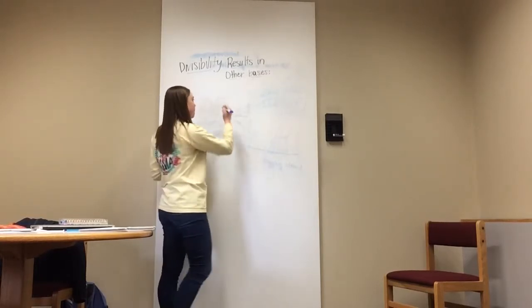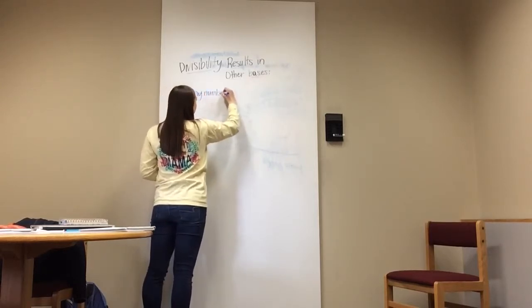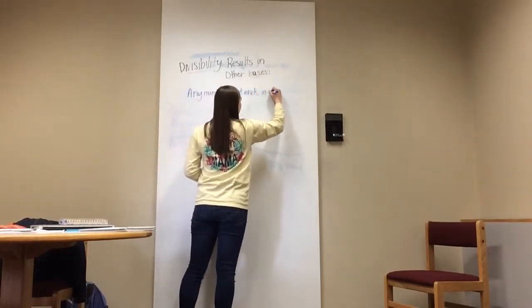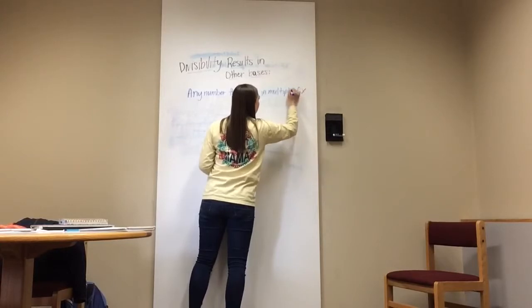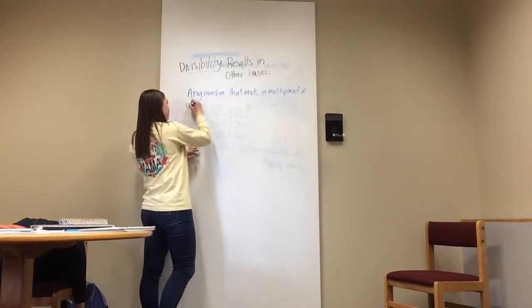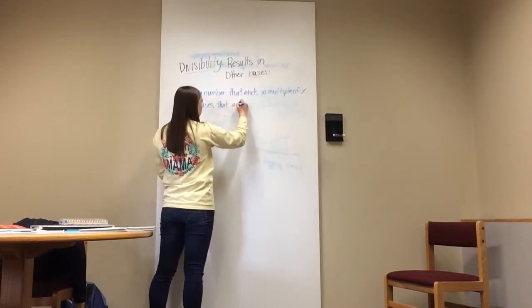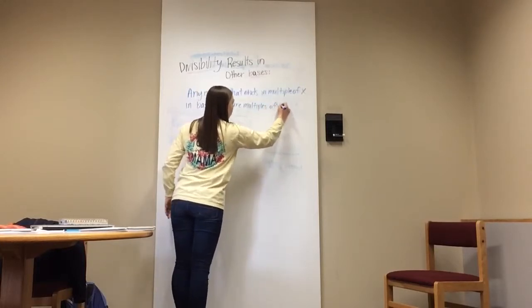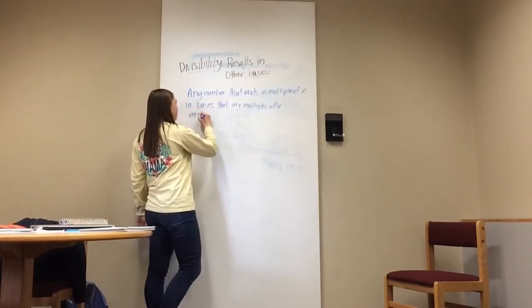Any number that ends in a multiple of x in bases that are multiples of x are going to be divisible by x.